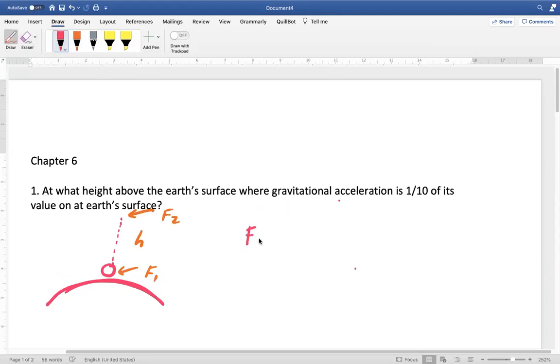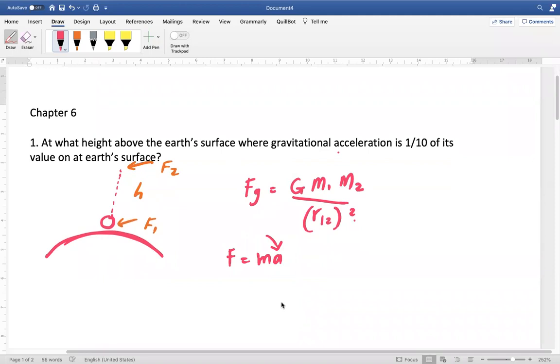It's F, gravitational force is equal to G mass 1 mass 2 over radius between 1 and 2 squared, right? And if we are on a planet, if I'm talking about acceleration where F equals ma, how do I get a from this equation? I get rid of one mass. So how do I get rid of one mass?